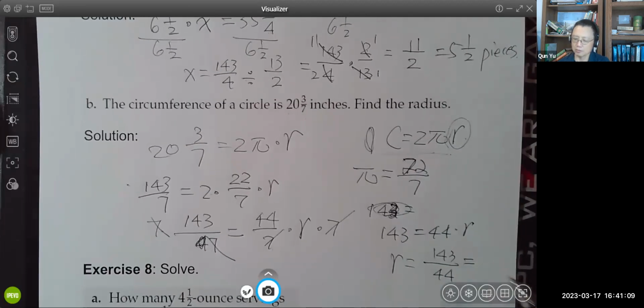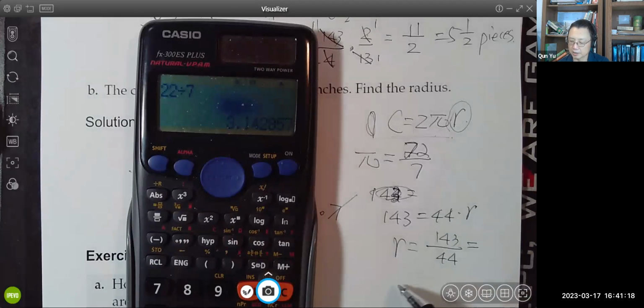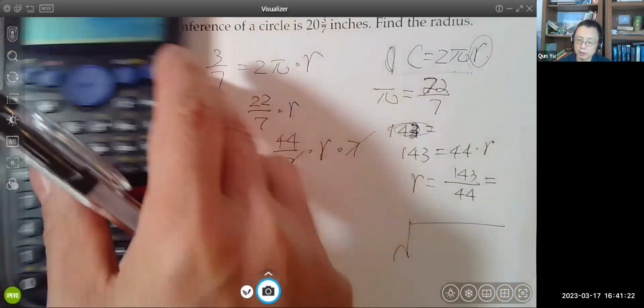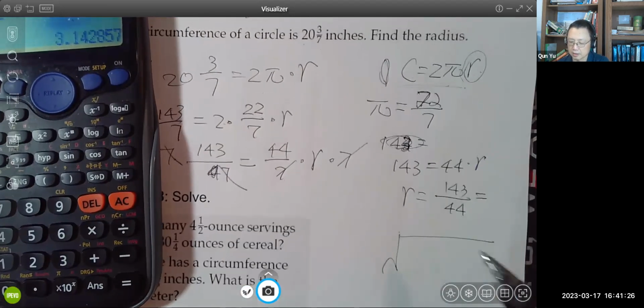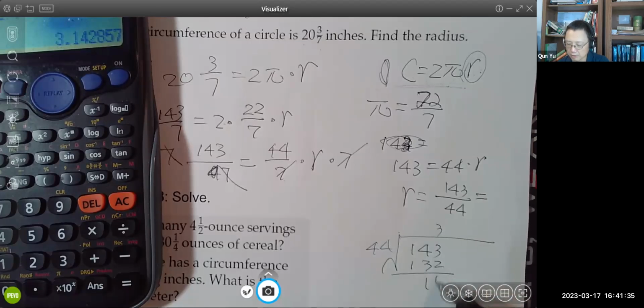And change it to mixed number, we have 3. Let's use division by hand. But later on, I'm going to show you how to use a calculator to do this thing super fast. So let's say 143 divided by 44, you get 3, you get 132. So remainder is 11. So we get 3 and 11 over 44.